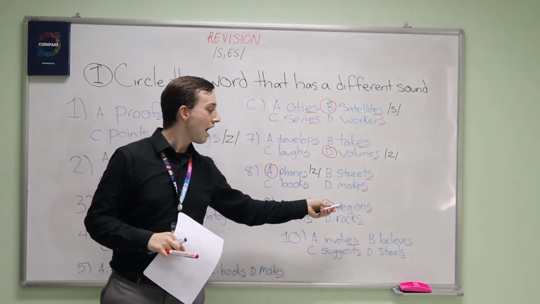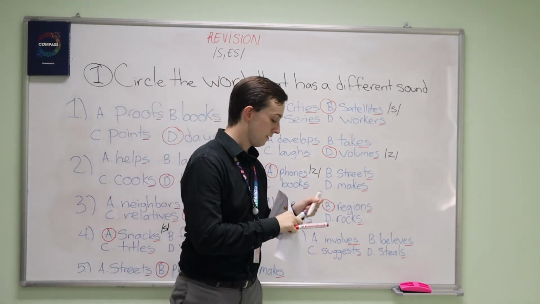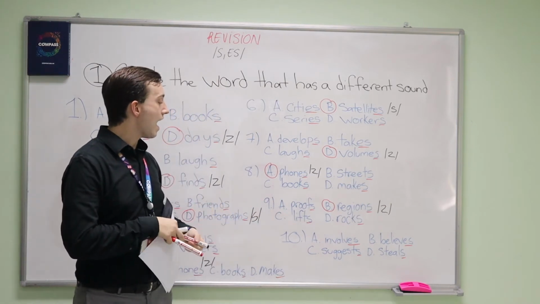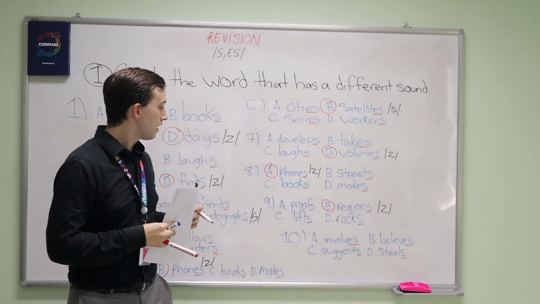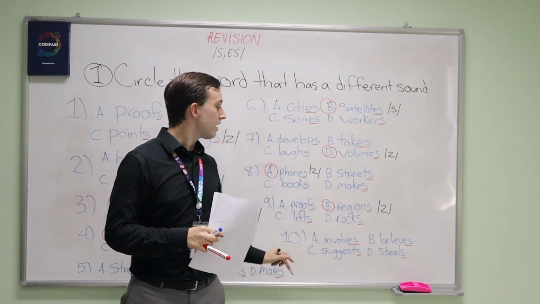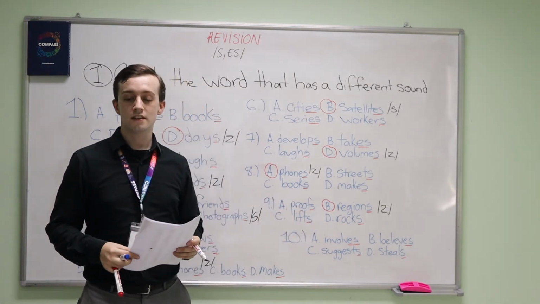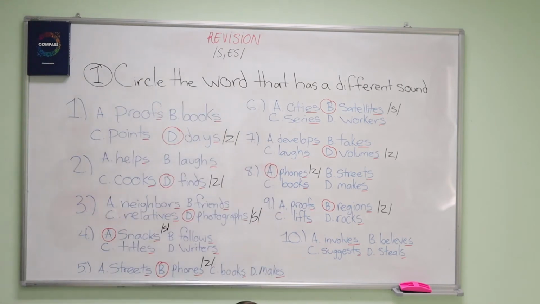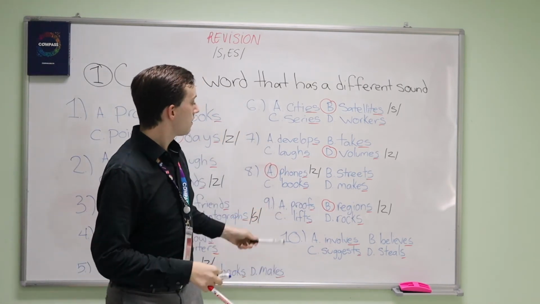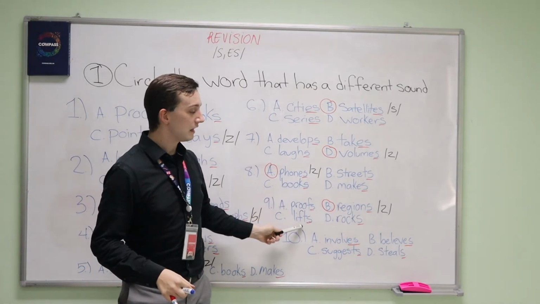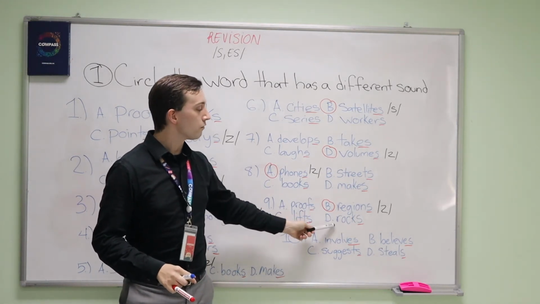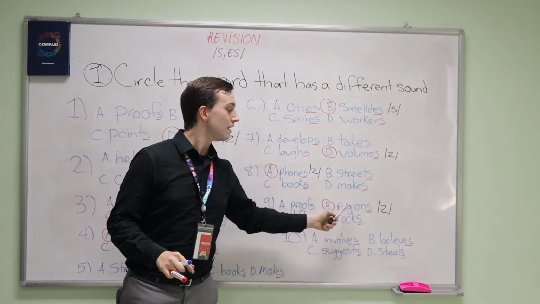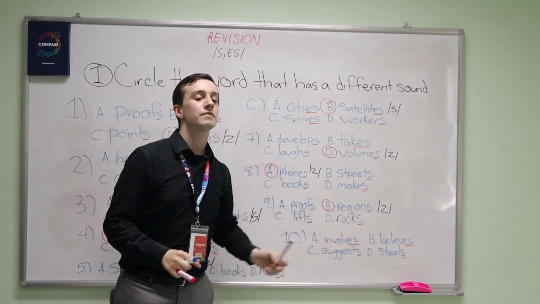Because in B, S makes the sound Z. But in A and C and D, it makes the sound S. Like this. Proofs, lifts, rocks. And B, the S is Z, regions.